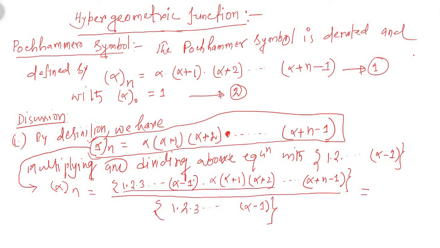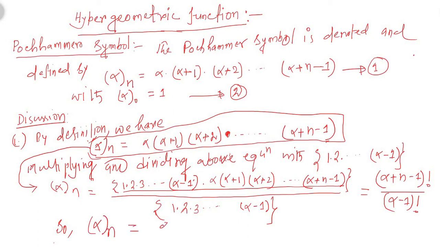This term is written as alpha plus n minus 1 factorial over alpha minus 1 factorial. So alpha n is equal to alpha plus n minus 1 factorial over alpha minus 1 factorial.